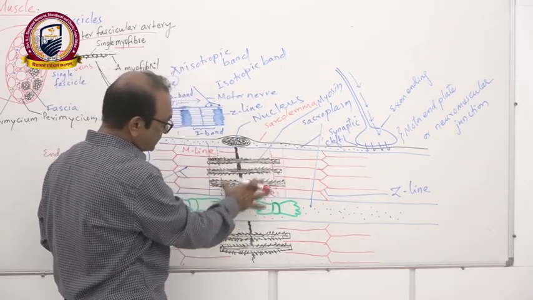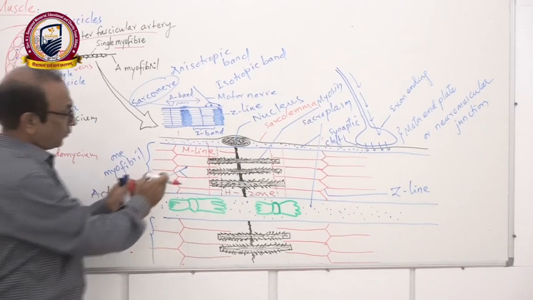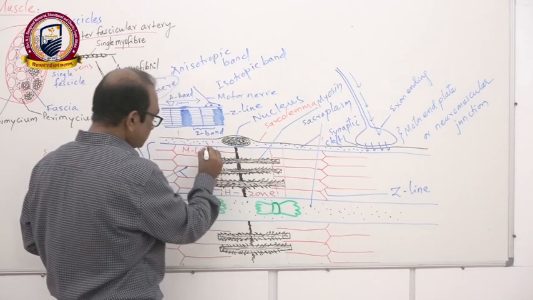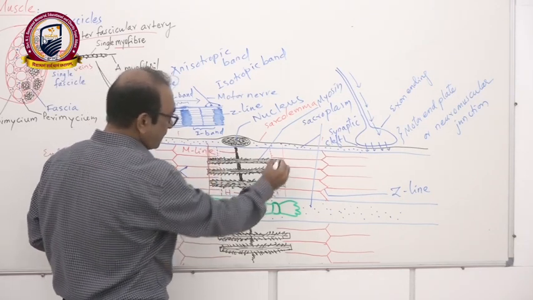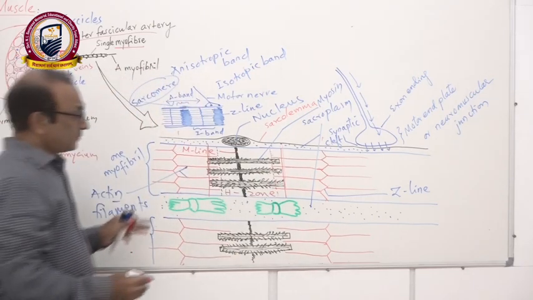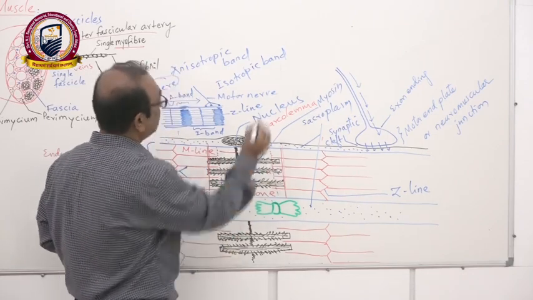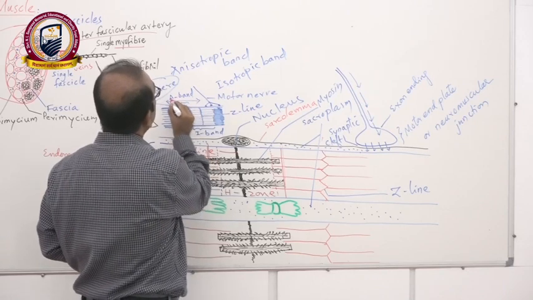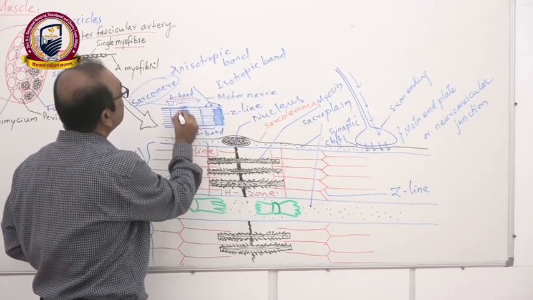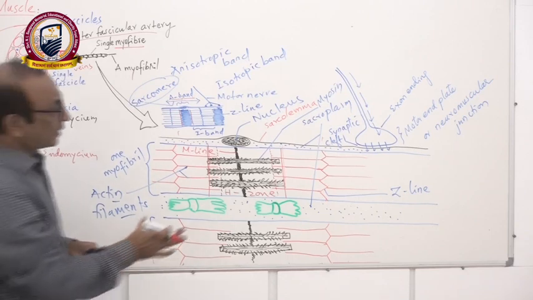Okay, and this is what is called the Z line and M line. From here to here is one sarcomere, and the area occupied by the myosin filaments, from one end to the other end of the myosin filaments, is called the A band, or anisotropic band, the dark band.